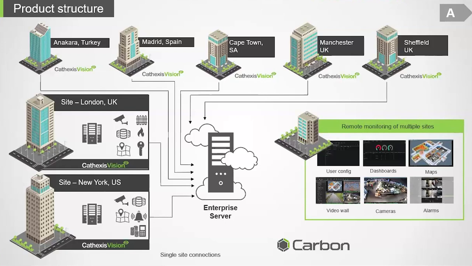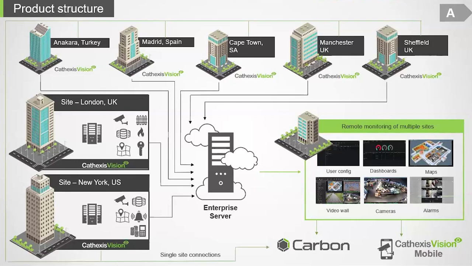Multi-site just gives you the ability to view these sites, whereas Enterprise gives you much more functionality on the site and control over your sites. And you can see here the interaction between Carbon, our CATHEXISVision Mobile, and you can use these many different sites and connect to them individually, or even connect to them through the enterprise or multi-site.